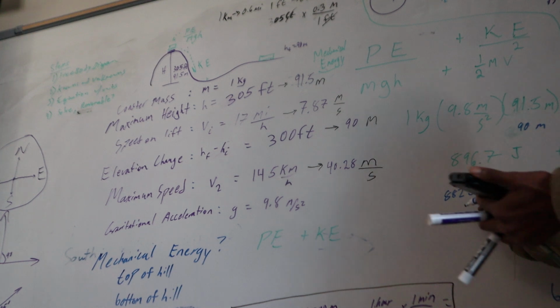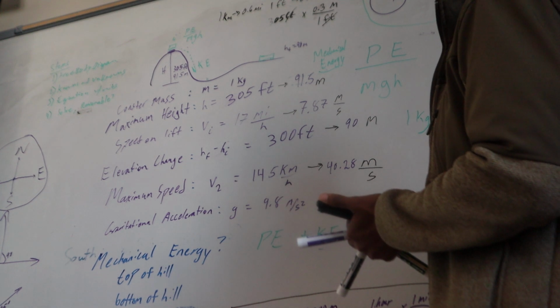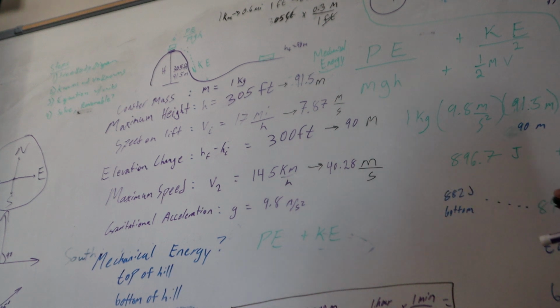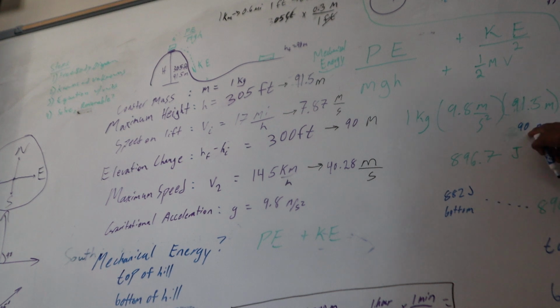So I did this bottom, much like that, and then this relates to this at the bottom. So this answer is the difference. This relates to this at the bottom, 882, and the new bottom.